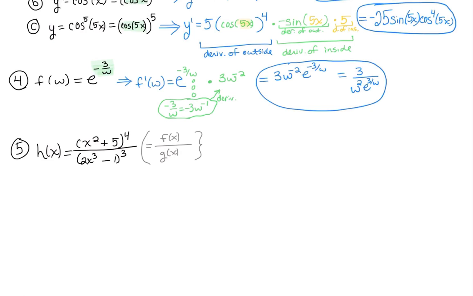So this represents what I'm just going to refer to again as that outer structure. If that is the outermost structure, then that means that I need to work under quotient rule as my outer structure for taking the derivative. So quotient rule is going to be our outer structure for taking the derivative.